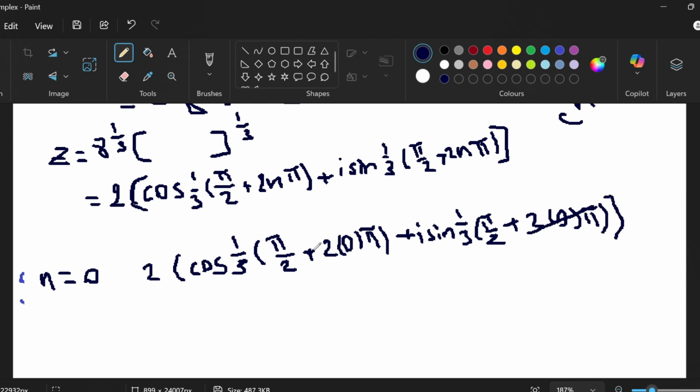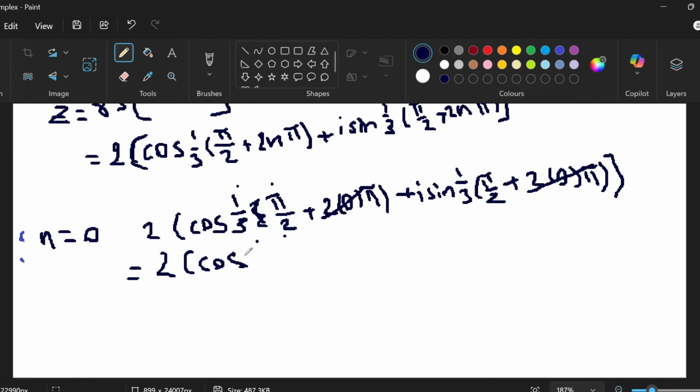And now these terms with the 0, they're all going to multiply by 0 and become nothing. And now we can simplify again, and we're going to get 2 times cos, this is now all worked out, so we don't need a bracket here, 1 over 3 times pi over 2. And if we remember from fractions, it's the tops times the tops and the bottoms times the bottoms. So this is going to be cos pi over 6 plus i sine pi over 6.